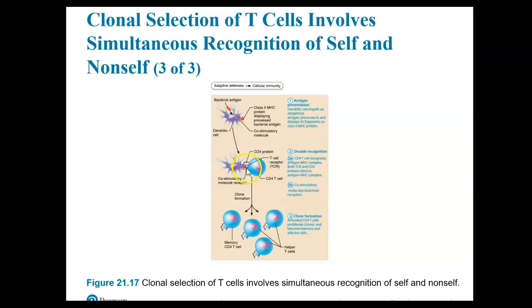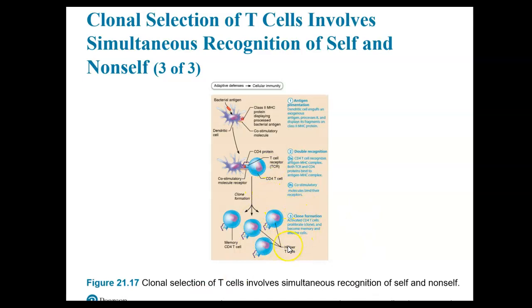So both of those things, the antigen, in other words the class 2 MHC protein, and the co-stimulatory molecule, have to both bind to the CD4 T cell. That's double recognition, which is just a way of ensuring that a mistake is not made.